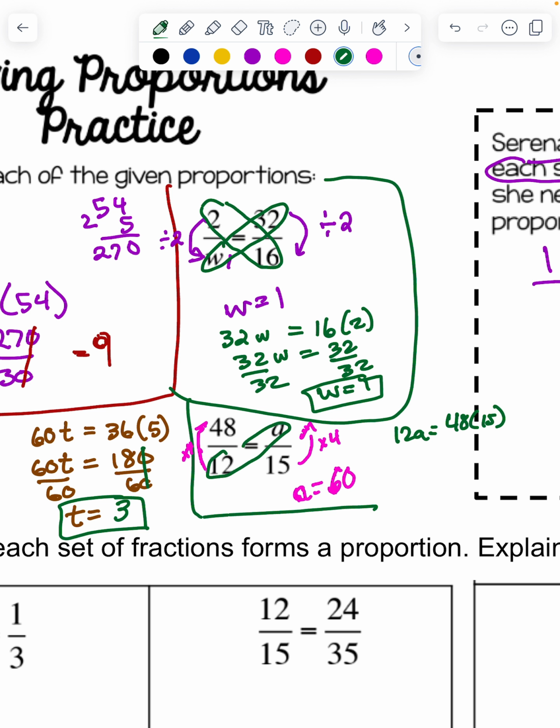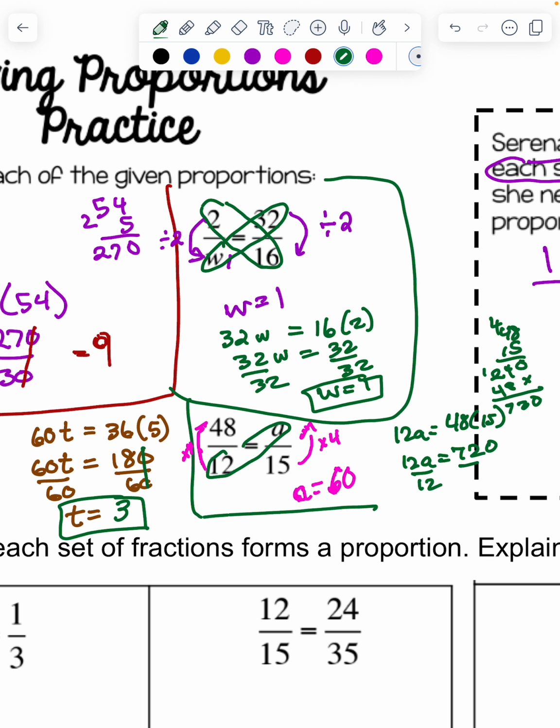And then I would have to come over here and do 48 times 15: 240, placeholder 0, 480, 720. 12A equals 720.